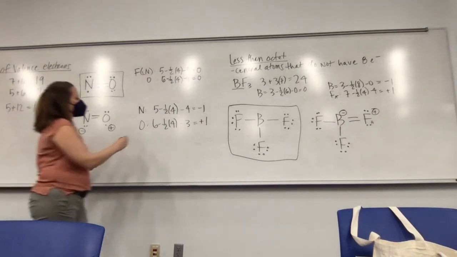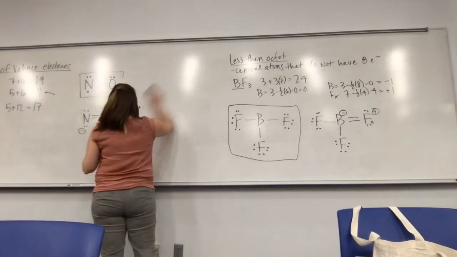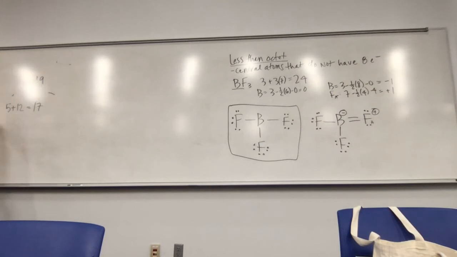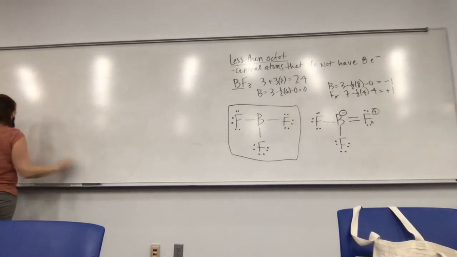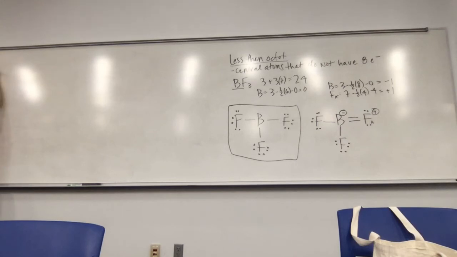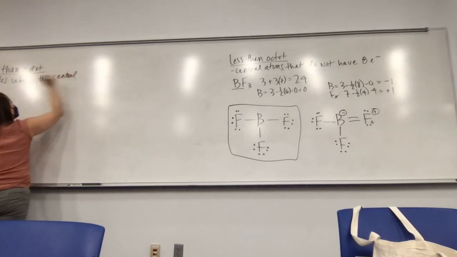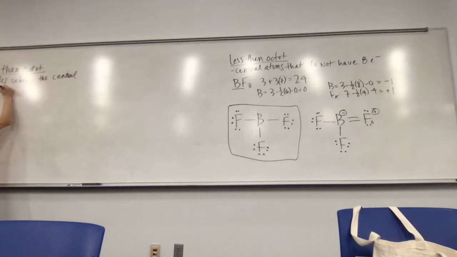So the last of the violations is where we have more than octet. So this is molecules where the central atom has 10 or 12 electrons around it.